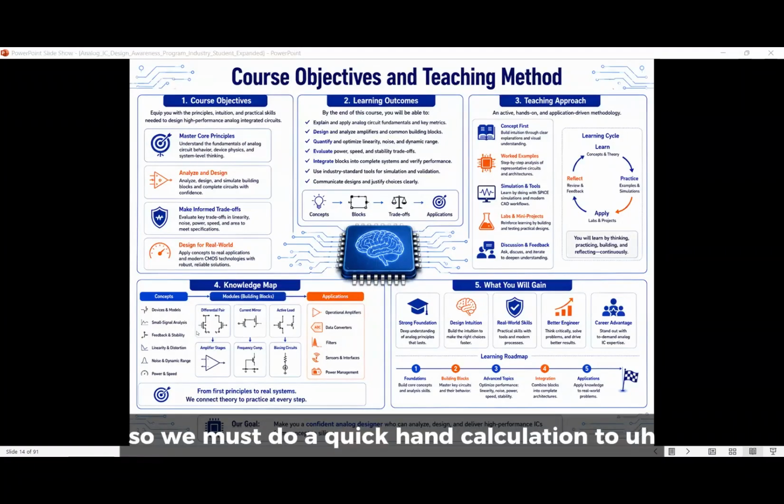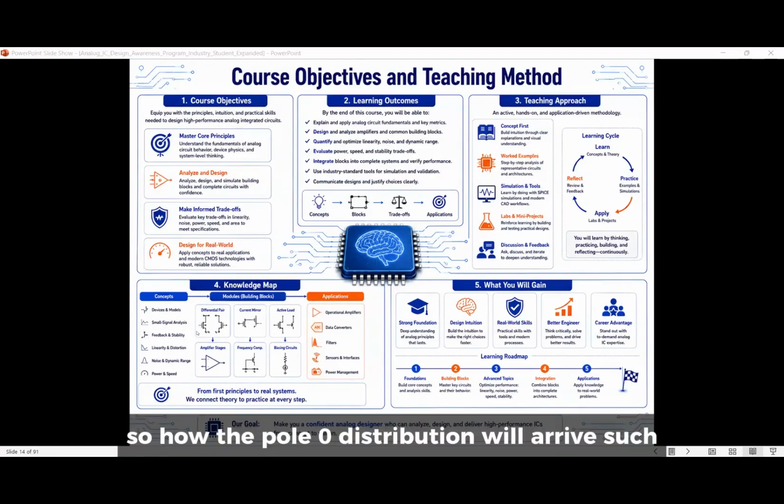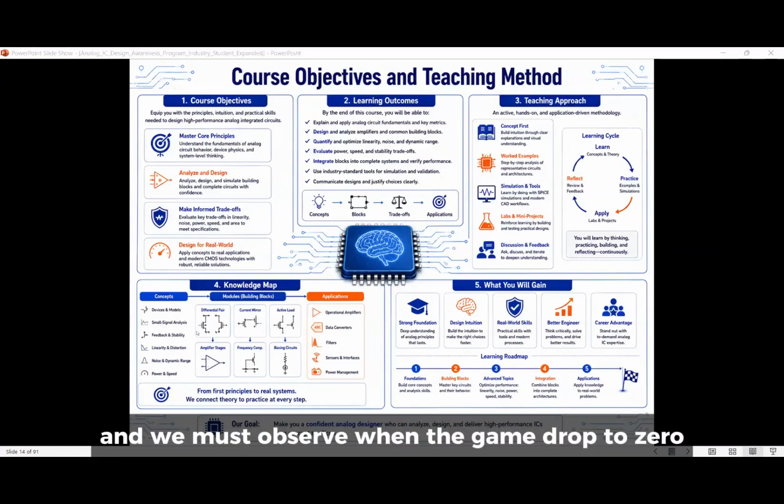So before we connect the feedback, we must do a quick hand calculation to evaluate how the pole zero distribution will arrive, such that the system can go into an instability region. At this stage, you have to draw the Bode plot, the gain phase relation, and observe when the gain drops to zero.